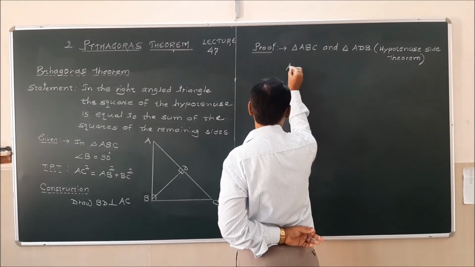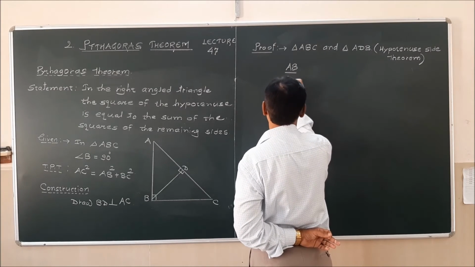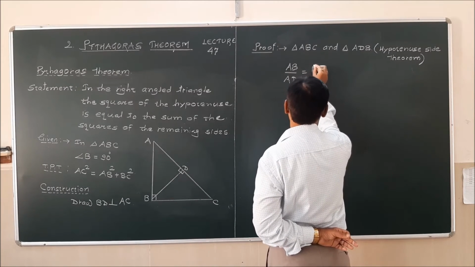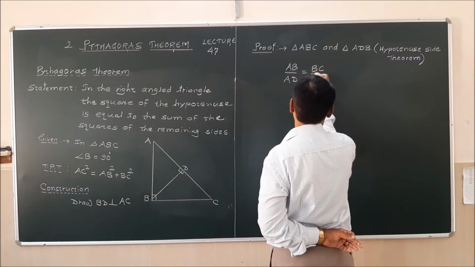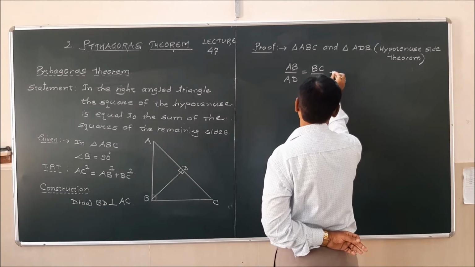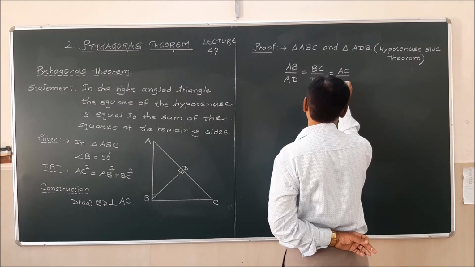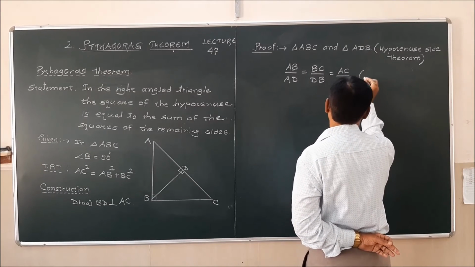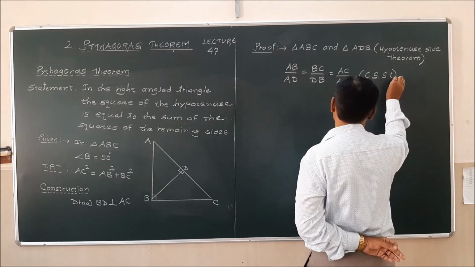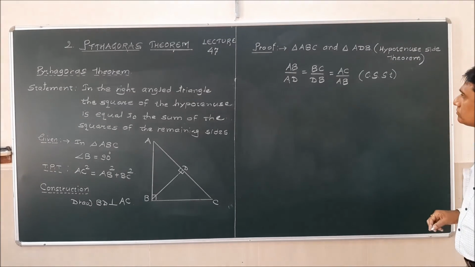So AB upon AD is equal to BC upon DB, that is equal to AC upon AD. Corresponding sides of similar triangles.